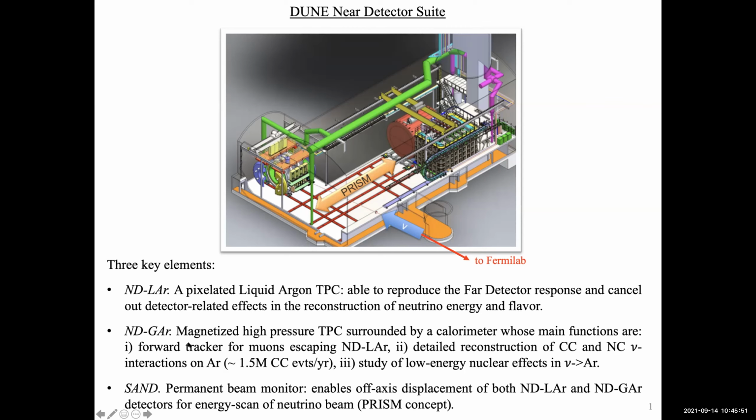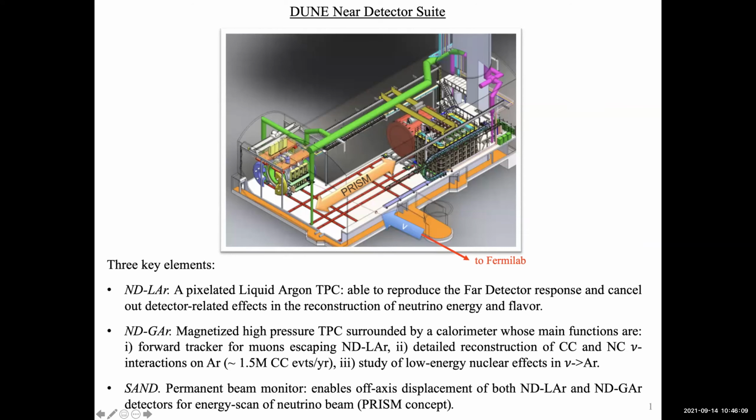Together with it, there is a gaseous argon TPC that moves along the axis perpendicular to the neutrino beam to produce an energy beam scan effectively, so that different neutrino energies can be probed. And this is the detector that I'll be focused on.